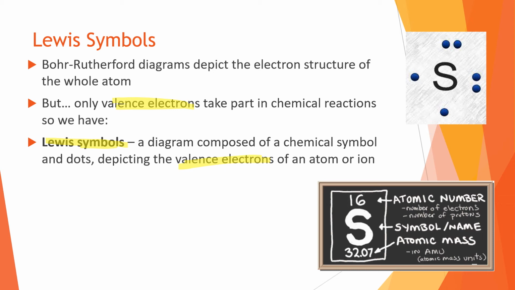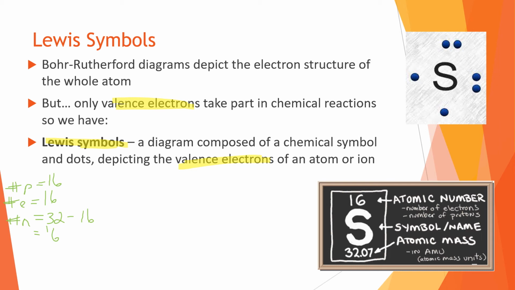In this case, I have this little diagram for sulfur on the periodic table. If I was to draw the Bohr-Rutherford diagram for sulfur, I'm just going to do this quickly. I know that sulfur has 16 protons, 16 electrons, and 16 neutrons, because I do 32, subtract 16, get 16.